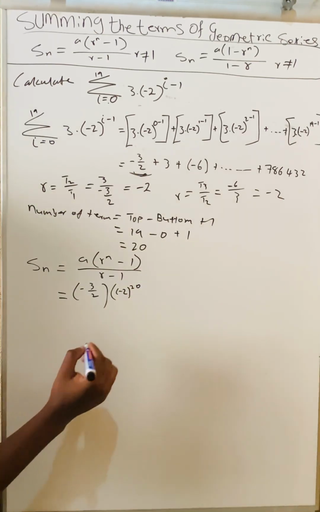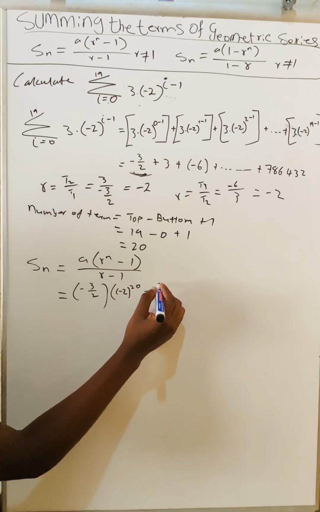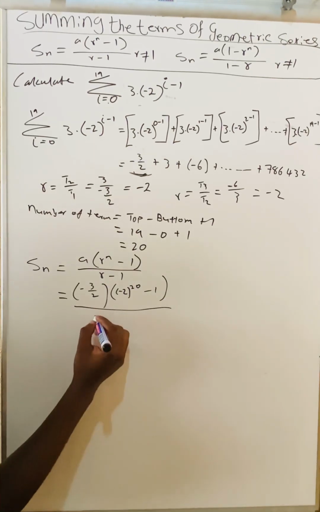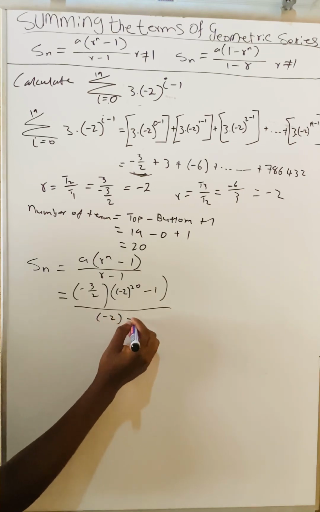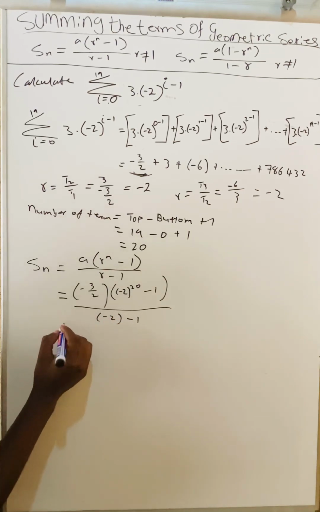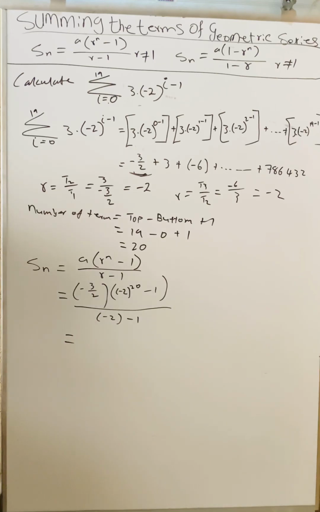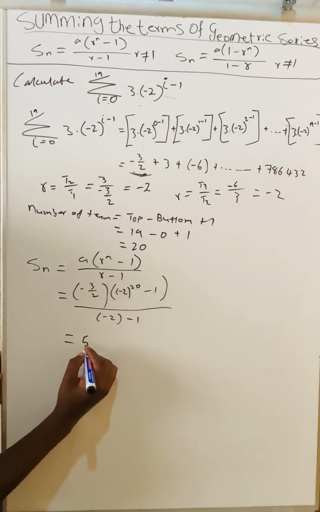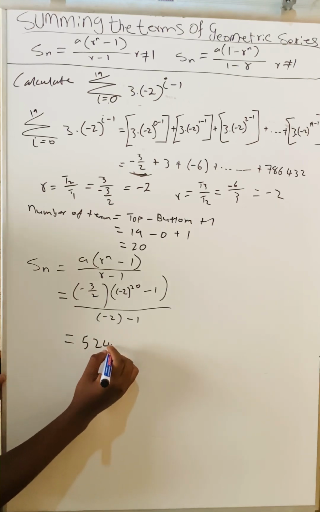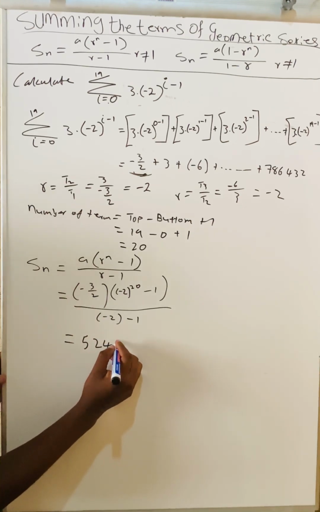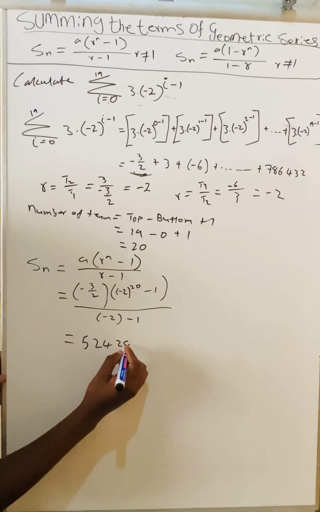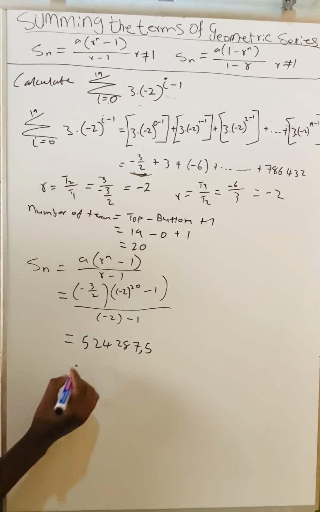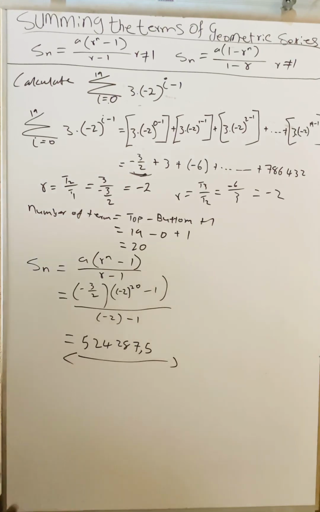Then minus 1, close the brackets, divided by negative 2 minus 1. Then you punch the calculator and you will have 524 287,5. This is your final answer.